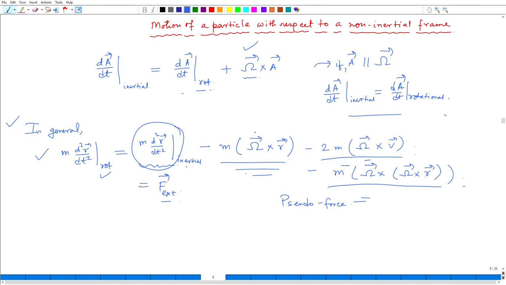As I said yesterday, this is known as the Euler force, and it is not of that much importance for the earth, because for the earth omega is almost constant. Okay.